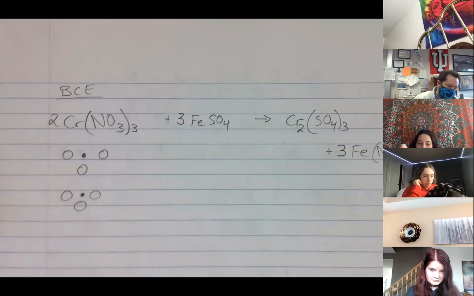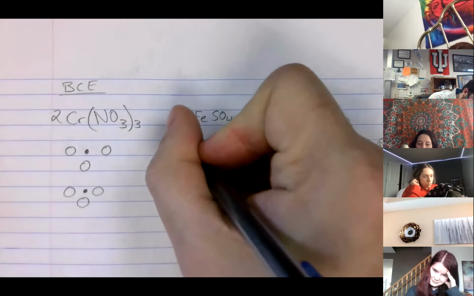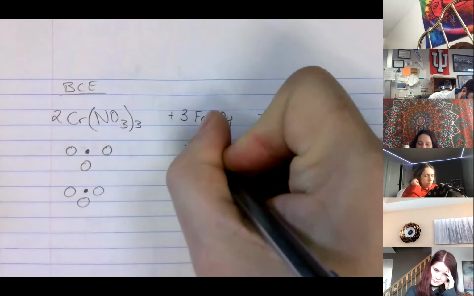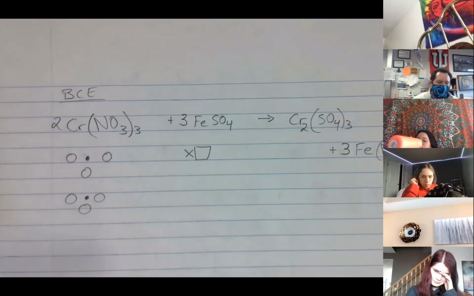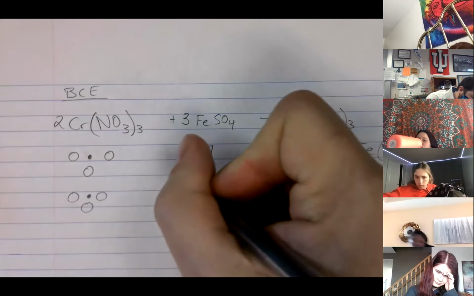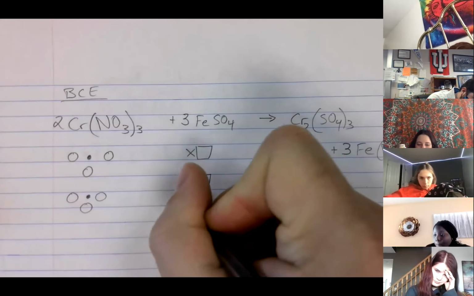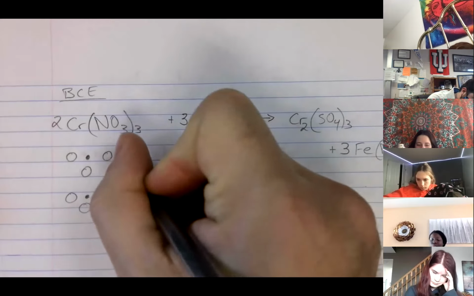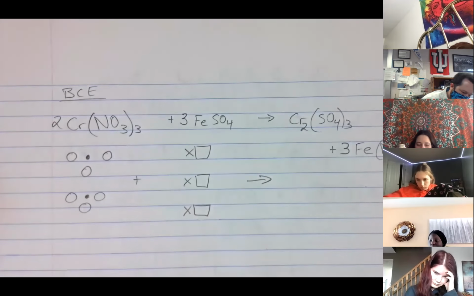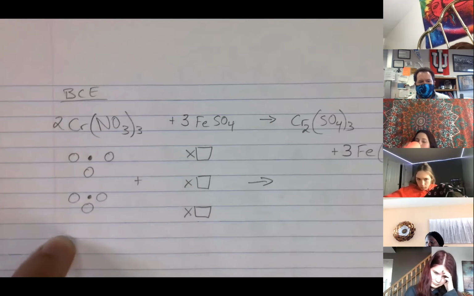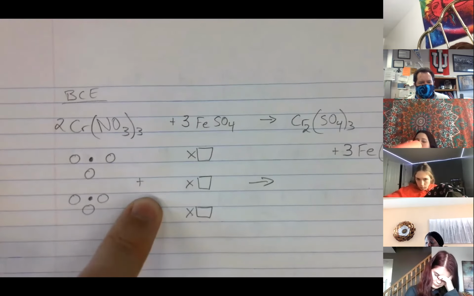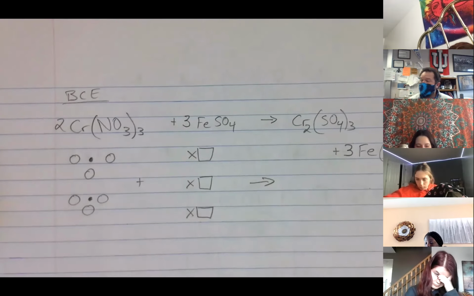Sweet. I'm going to stick with my pattern here. I'm going to use X's for iron and an open square for SO4. I've got 3 of them though. So that's kind of what this reaction looks like. 2 chromium nitrates reacting with 3 iron sulfates.